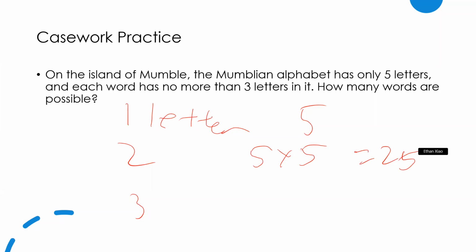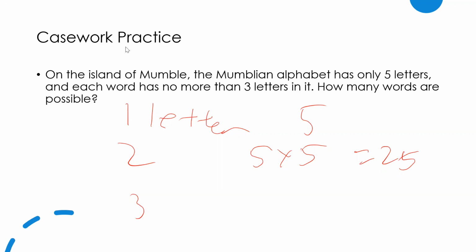25 2-letter words. Wait, shouldn't it be 5 to the 3rd power, not 5 squared? No, because of casework, I'm counting the 2-letter words now. And next for case 3, we have the 3-letter words.